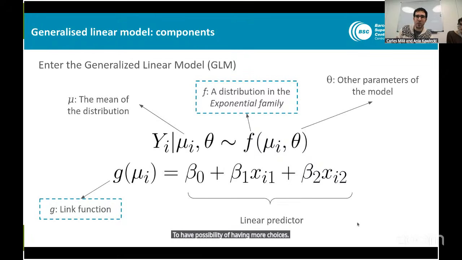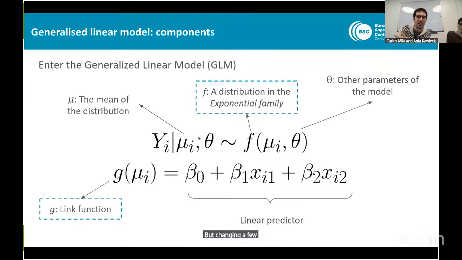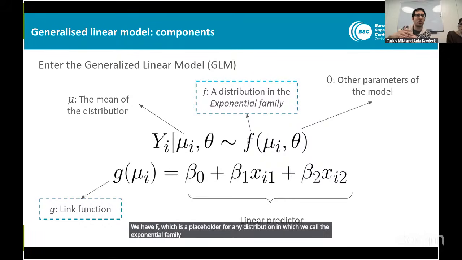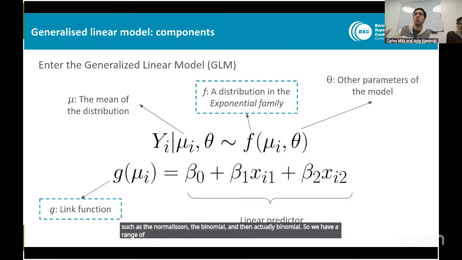These are the two equations that we had before, but changing a few things. The first big change is that now we don't have a normal distribution anymore. We have F, which is a placeholder for any distribution in what we call the exponential family. The exponential family is a range of very well-known distributions, such as the normal, the Poisson, the binomial, and the negative binomial. So we have a range of distributions to choose from, not only the normal, but many others now.